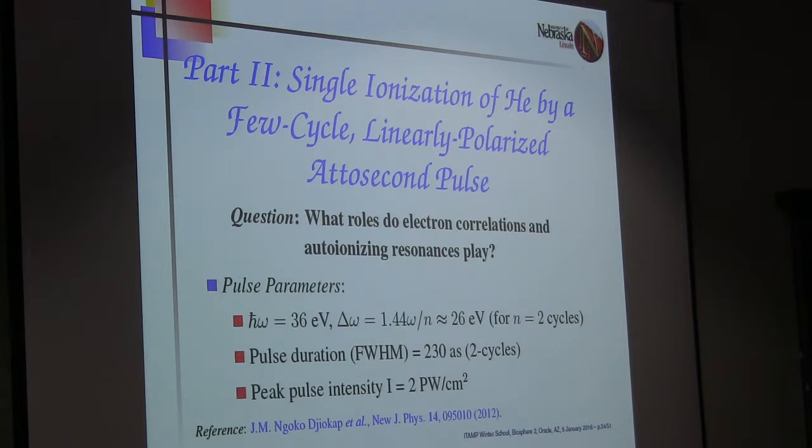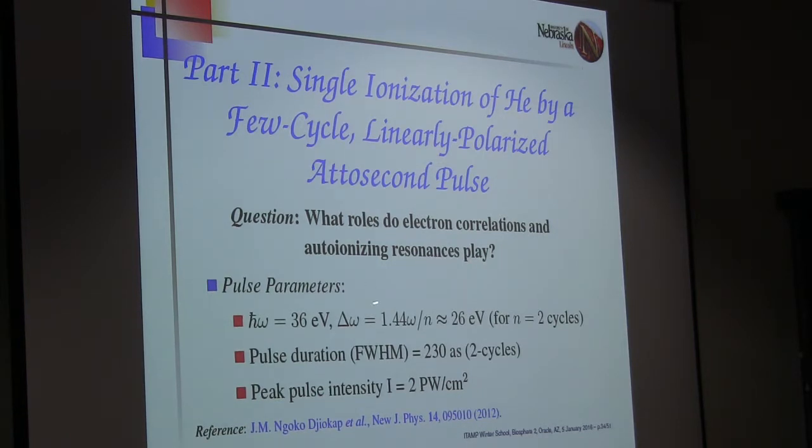So now I want to show you an example of what role electron correlation played, because all the results before were in the single active electron approximation or for hydrogen. Let's look now at how electron correlation affects things. This was published in 2012 in this paper.